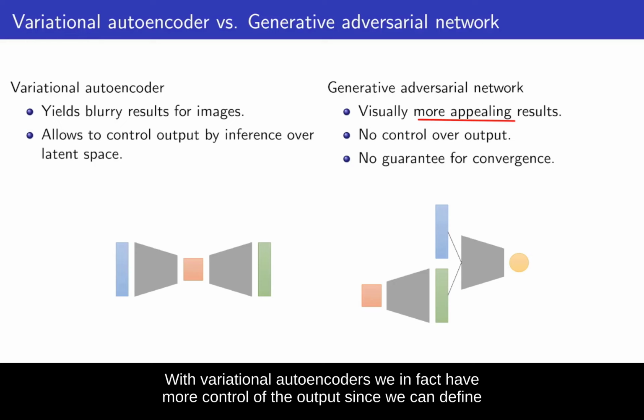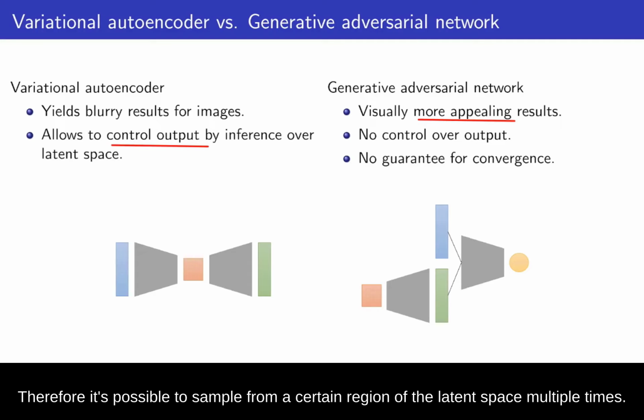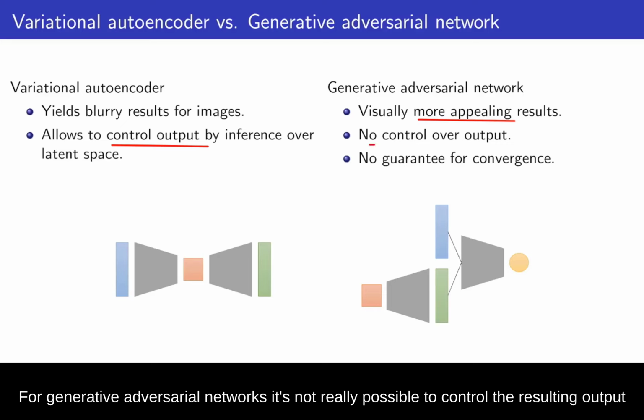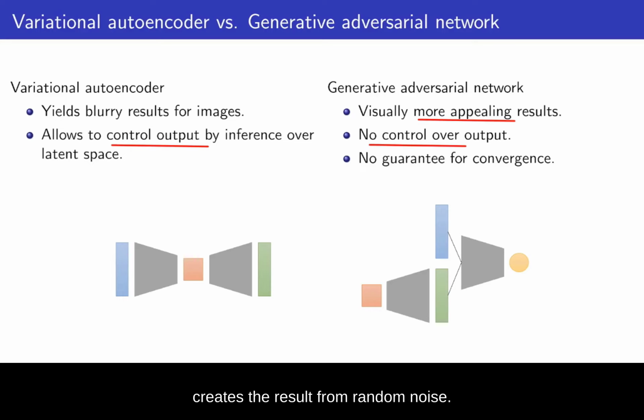With variational autoencoders, we in fact have more control of the output since we can define the sampling from the latent space during inference. Therefore, it's possible to sample from a certain region of the latent space multiple times. For generative adversarial networks, it's not really possible to control the resulting output since two independent networks are involved in the output generation, and the generator creates the result from random noise.